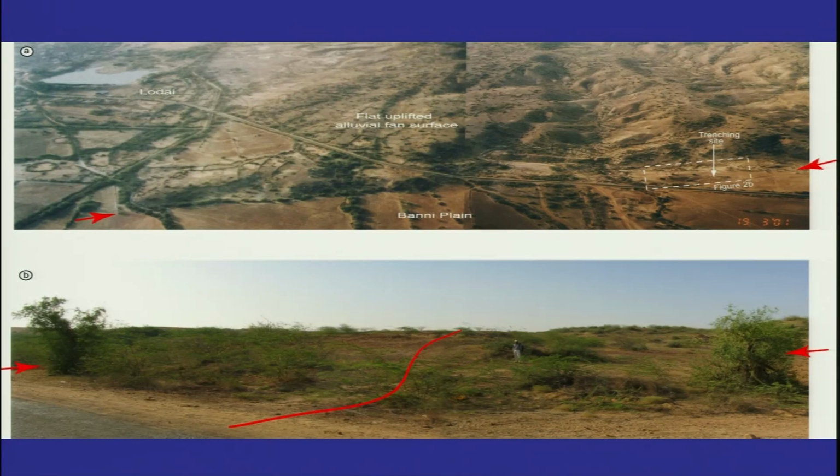But in this case, this will be your up-thrown block, and this is your down-thrown block. So this will be your foot wall, and this will be your hanging wall. So that changes. In the case of normal faulting, even with a similar topographic profile, the fault runs somewhere here, and this becomes your foot wall, and this is your hanging wall.